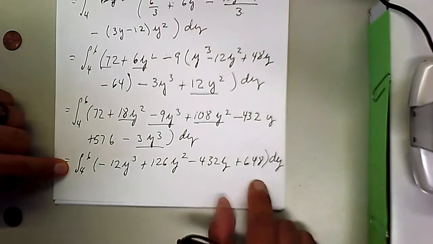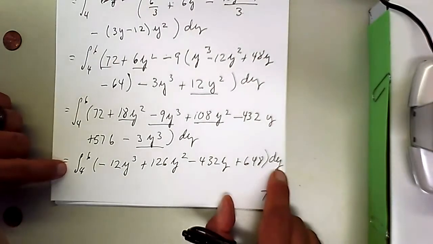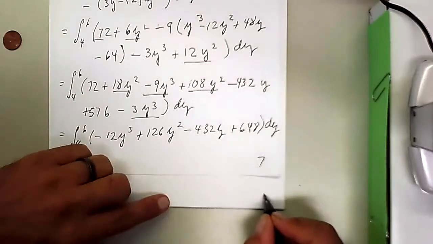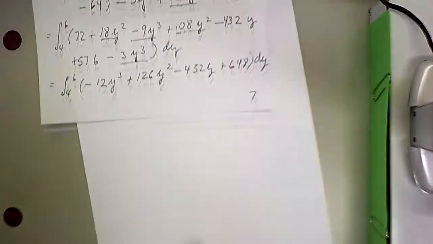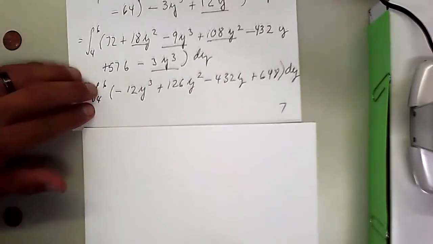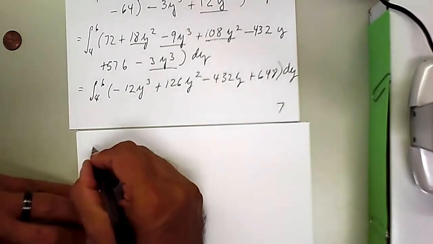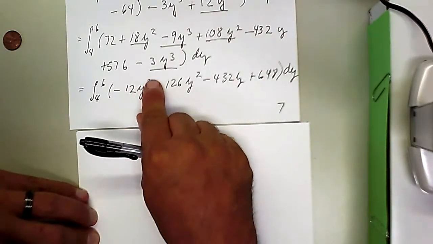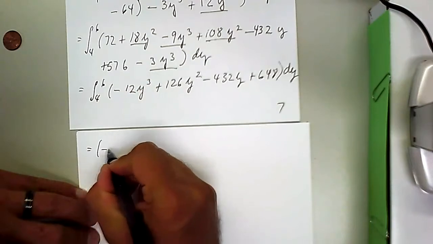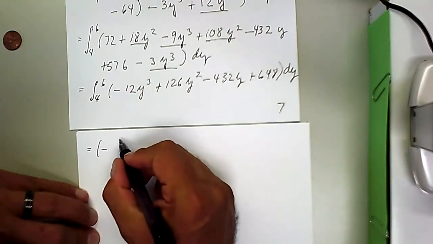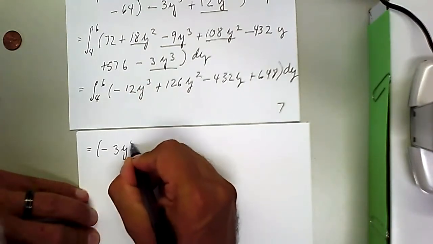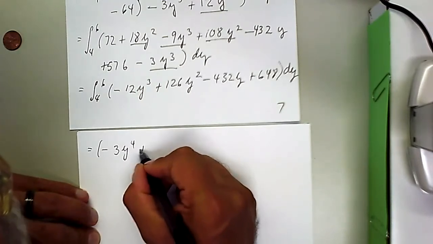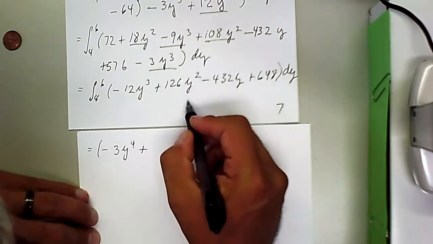So finally, I was able to put this back into one line. We're integrating this polynomial with respect to y from 4 to 6. That's the page number 7. So page number 8. So now we integrate this negative 12y to the 4 over 4. So that is negative 3y to the 4 plus 126y cubed over 3.